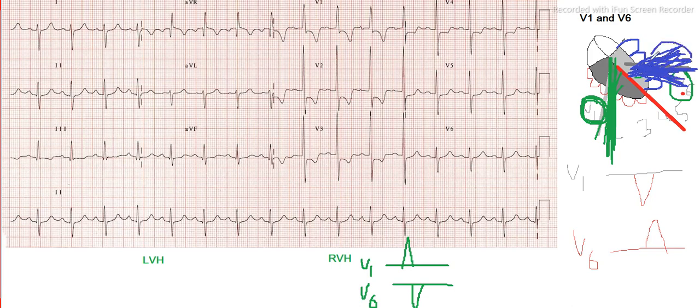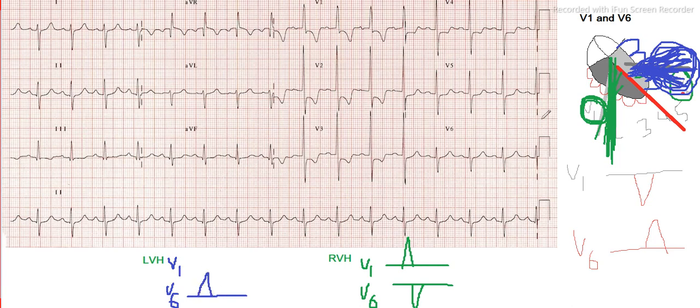This resultant vector, which is shifted to the left side, will be picked up easily by V6. When I draw the isoelectric line in V6, because of left ventricular hypertrophy going towards V6, the deflection of the QRS complex will be positive.